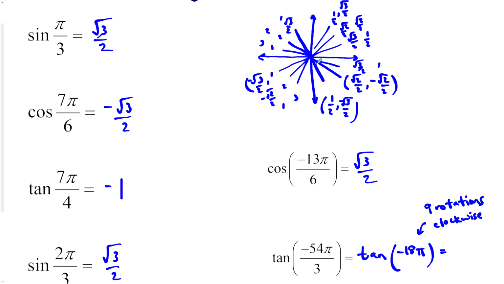So we're actually going to end up with the terminal arm on the positive x-axis. This point here is 1, 0, and so tan is opposite over adjacent, or y over x, or sine over cos. So 0 over 1, which is 0.